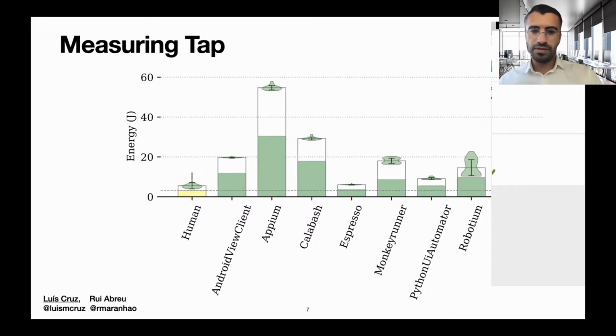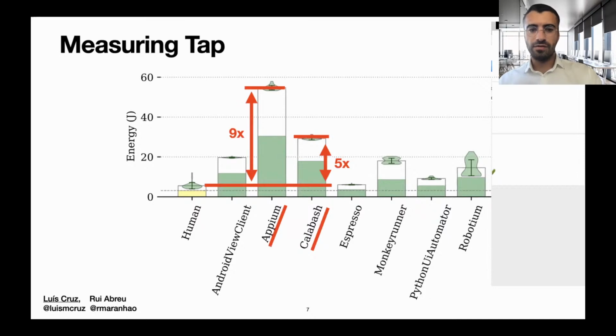We can see that the energy consumption of a single tap is quite different depending on the framework we use. Comparing with the human interaction, APM is actually spending 9 times more energy, or Calabash is spending 5 times more energy.